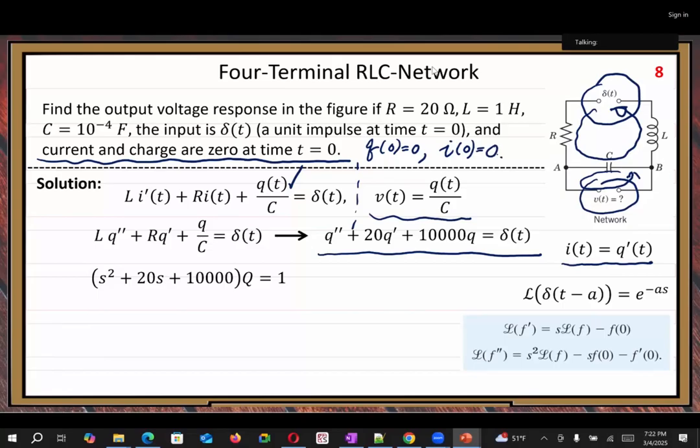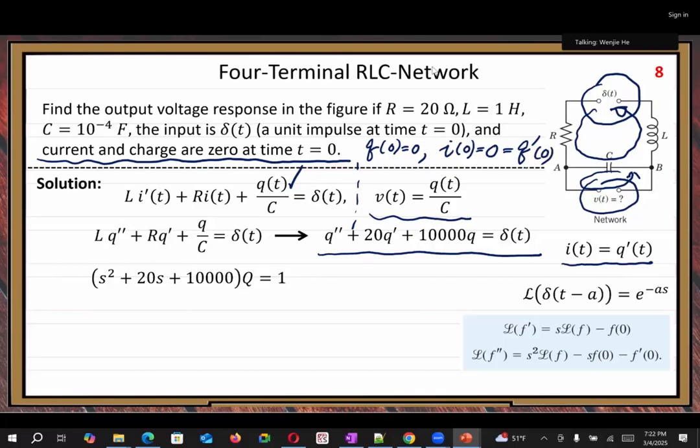Because we know i equals q prime, right? This means q prime of 0 equals 0.